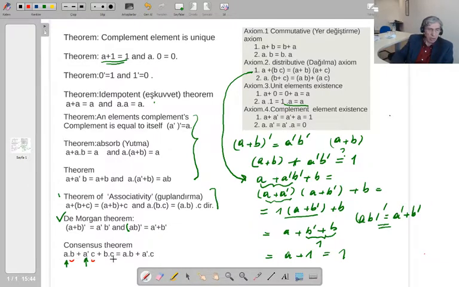So this term is not effective. That means if you take this off, what is left is this. So that's why it is called the consensus theorem. Consensus means agreement, the same idea you've got. Then there is a consensus. So this becomes ineffective when those two come together.